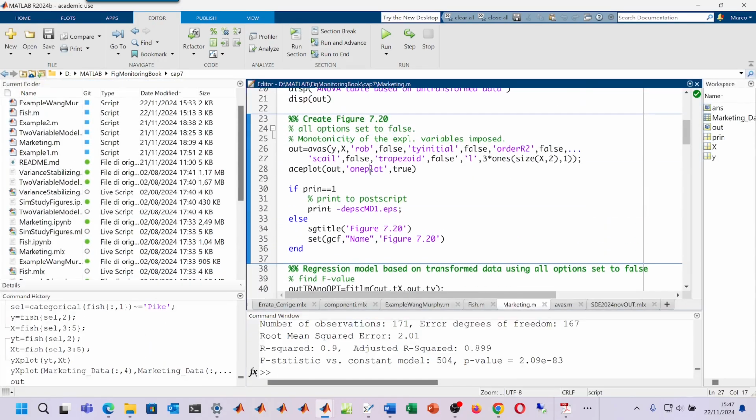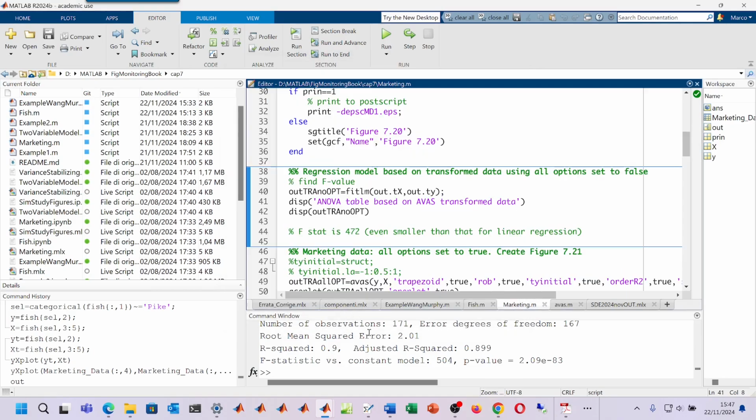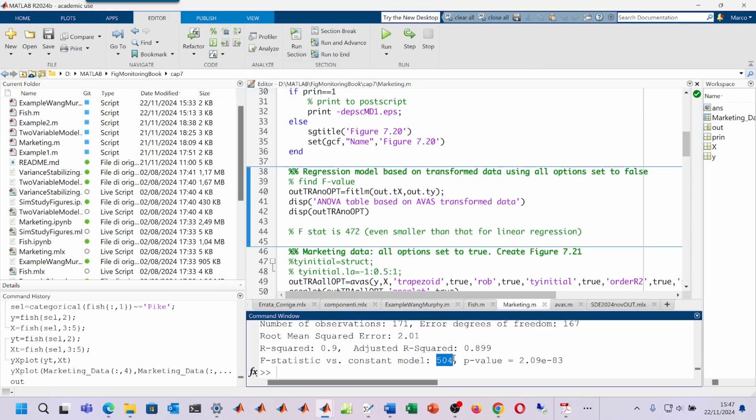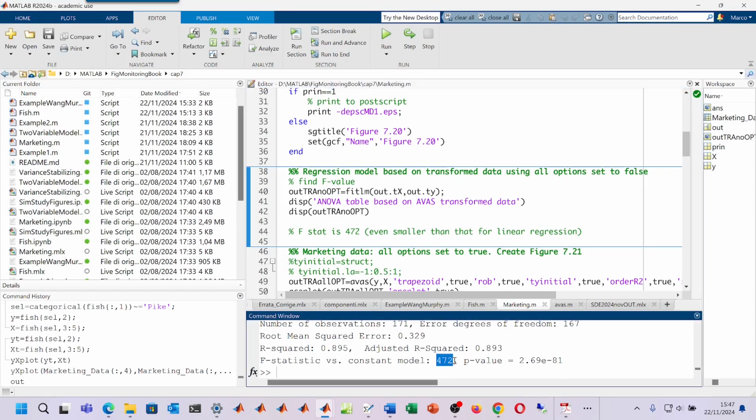When we apply our traditional AVAS, we end up with a value of the F statistic which is even smaller than the value for the original model. The original model's F statistic was 504, whereas now, for this AVAS model, it's 472.